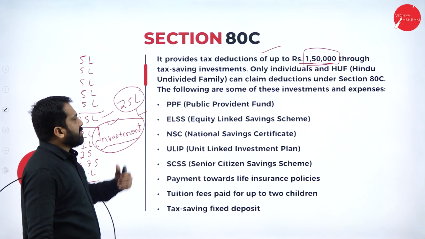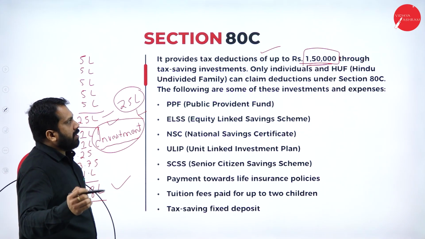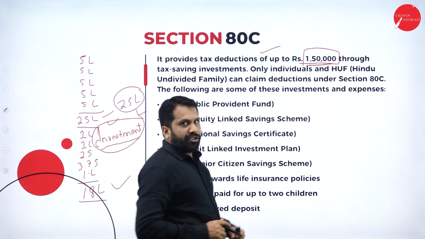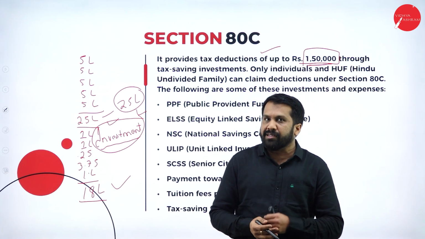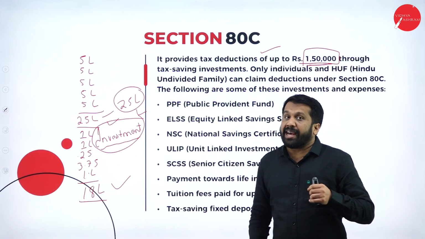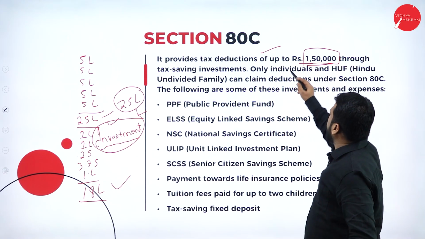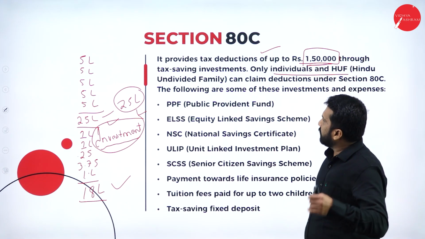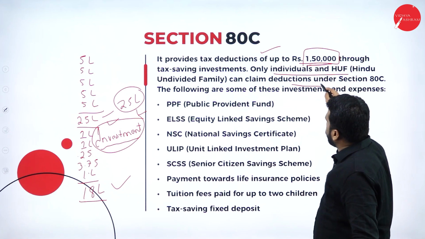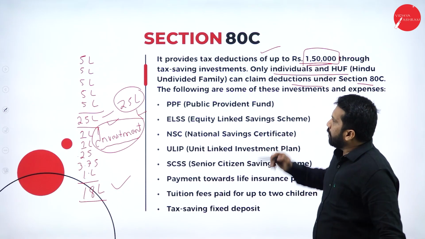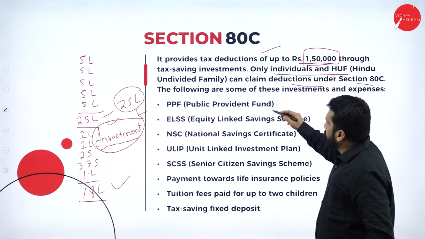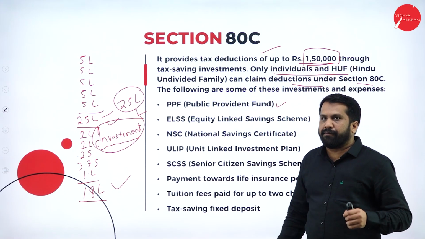Now, through tax saving investment, only individuals and HUF can claim. This is also important. What is the first point? The maximum limit is 1,50,000. Who can claim this? Individual and HUF can claim deduction under section 80C. Which are the investments? Yes, PPF, Public Provident Fund.